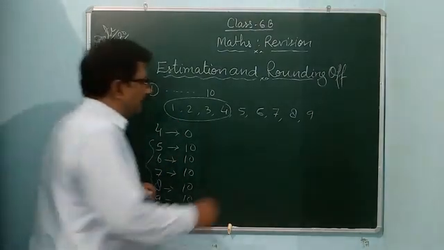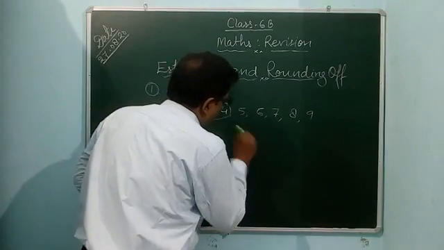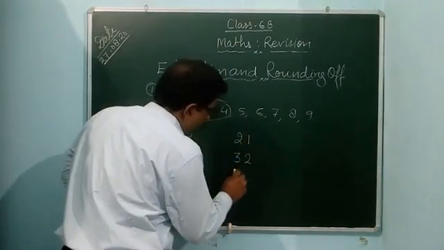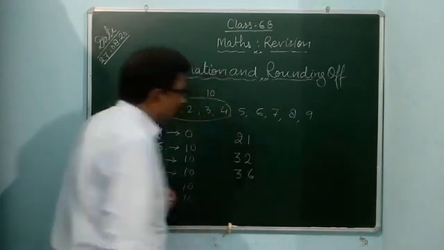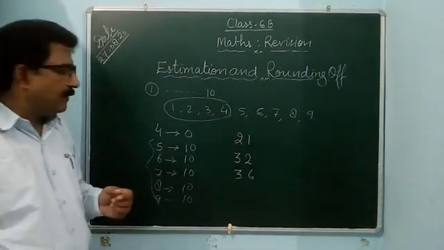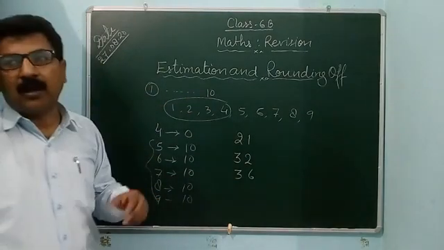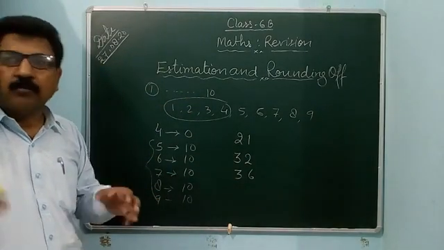Suppose the number given is 21, or 32, or 36. As estimating a 2-digit number as tens, how can you round off?